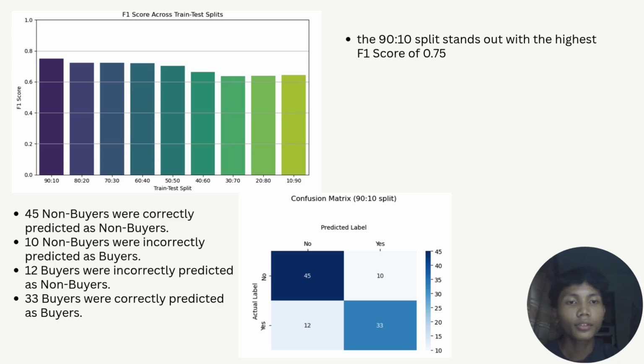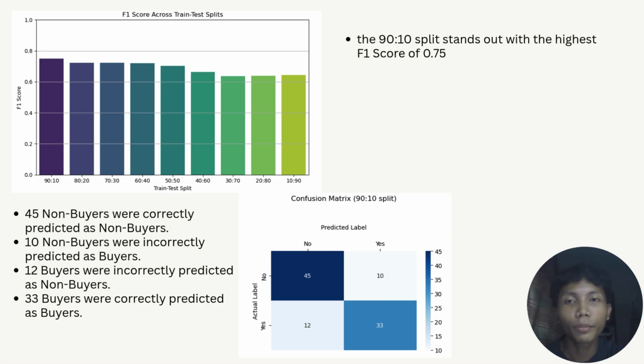And the next one, we move to the confusion matrix of the 90:10 split. We use the confusion matrix to summarize our model's prediction results. From this confusion matrix, we can see that out of 100 customers, the model correctly predicted 45 non-buyers and 33 actual buyers.